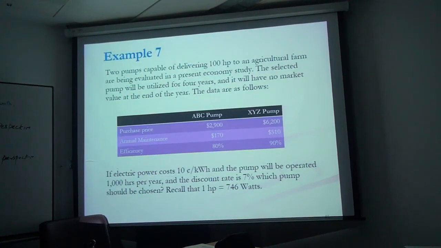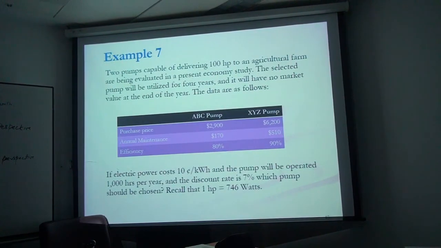Okay, again another example has come, and this looks like the same example, but we have a slight twist in that. The change is that we have assumed the life of these pumps as 4 years, and they are operating 1,000 hours per year.